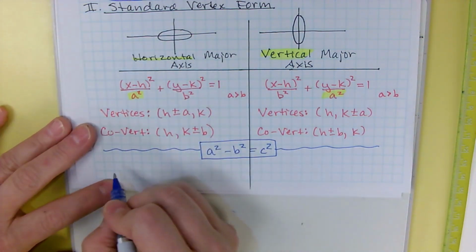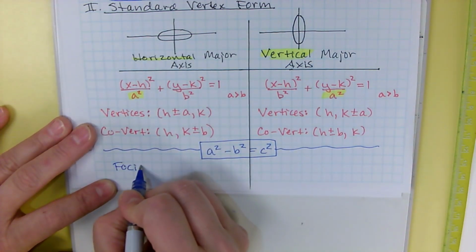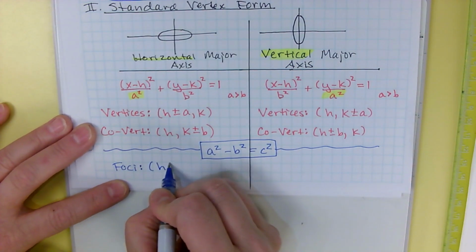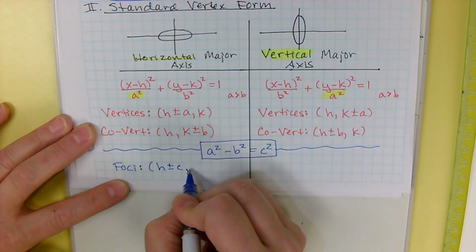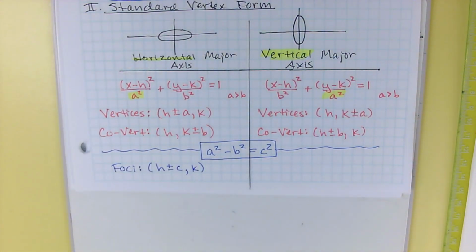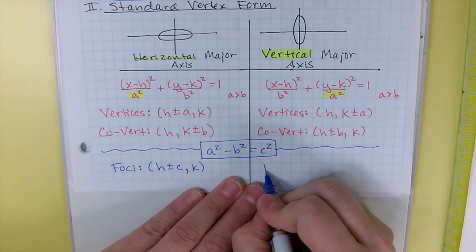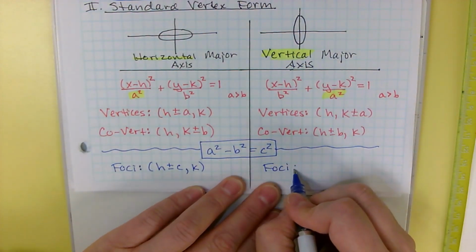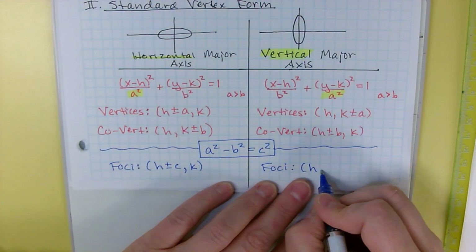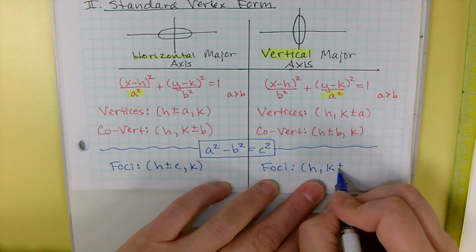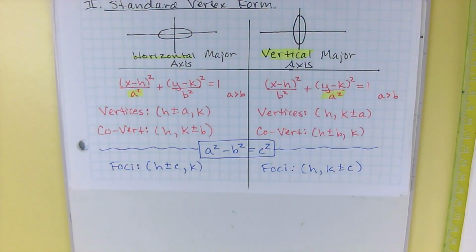So for the horizontal major axis, the foci are going to be H plus minus C comma K, so left and right on the major axis. And for the vertical major axis, it's going to be H comma K plus minus C. You're going to go up and down to locate the foci. So where you count depends on where the major axis is.